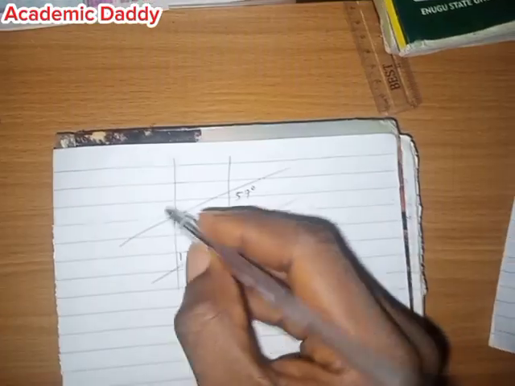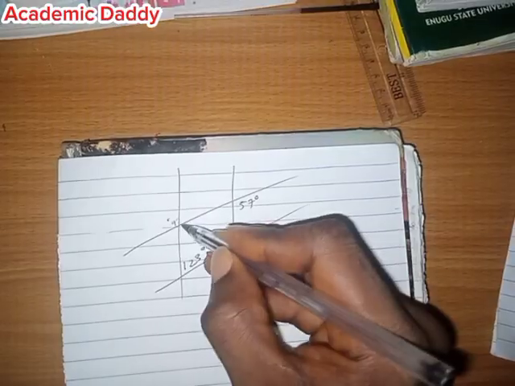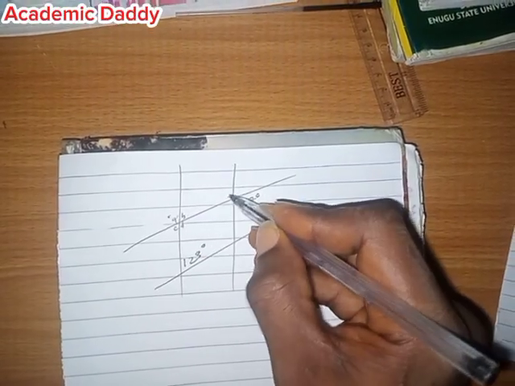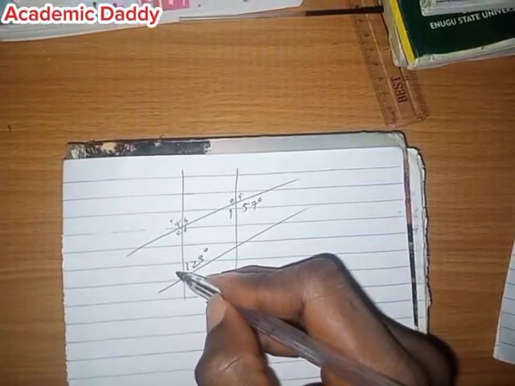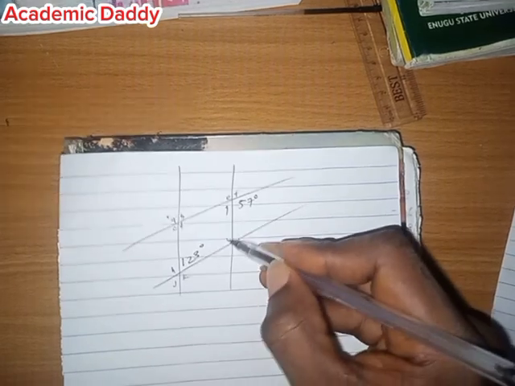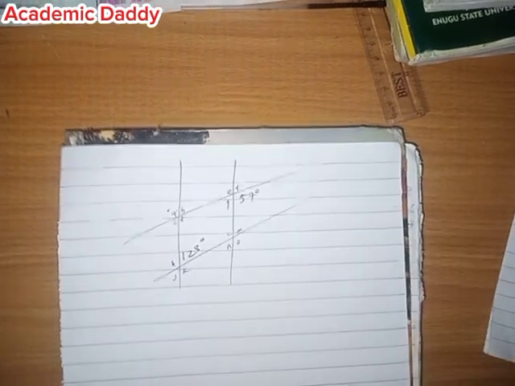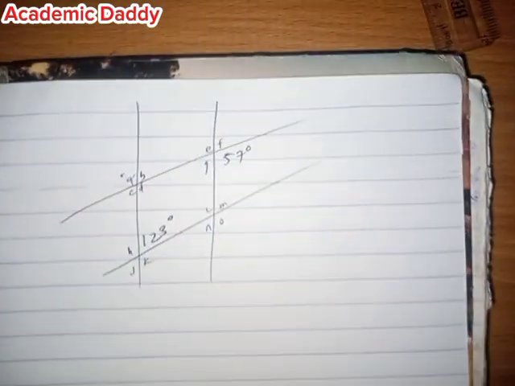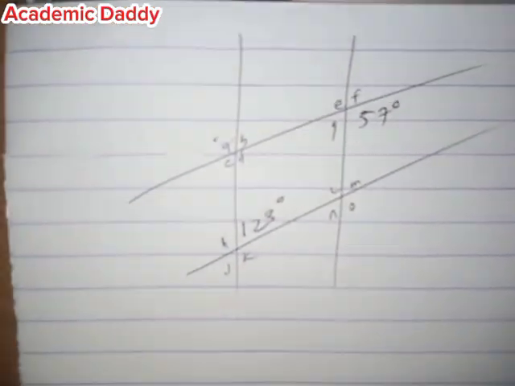They ask us to find these angles A, B, C, D, E, F, G, H, I, J, K, L, M, N, O. So they tell us to find all the lettered, missing angles.